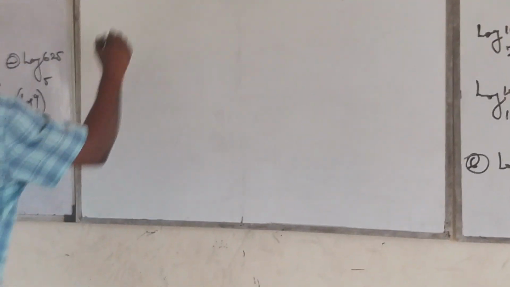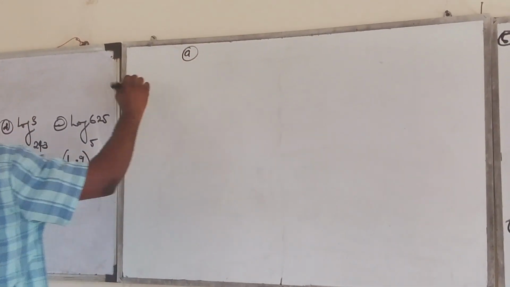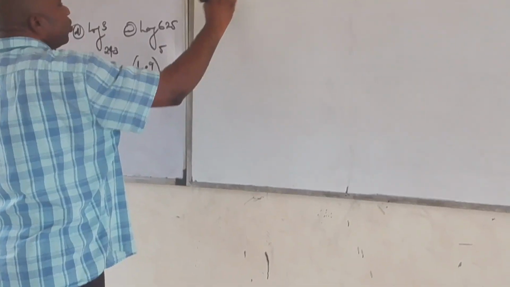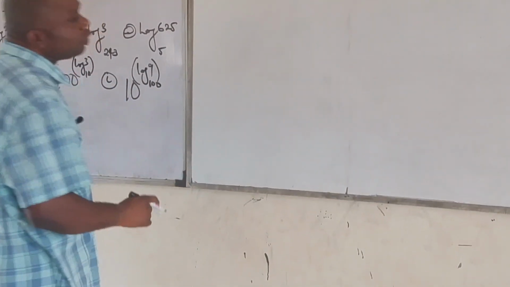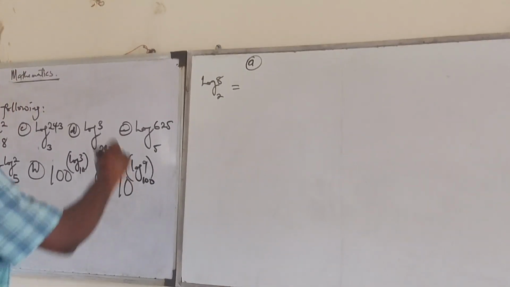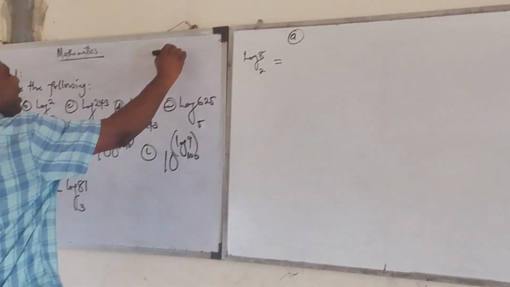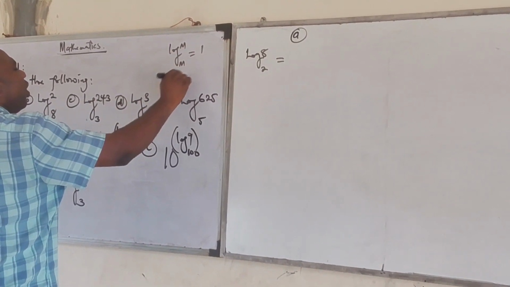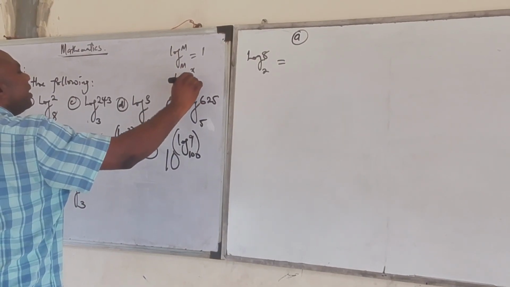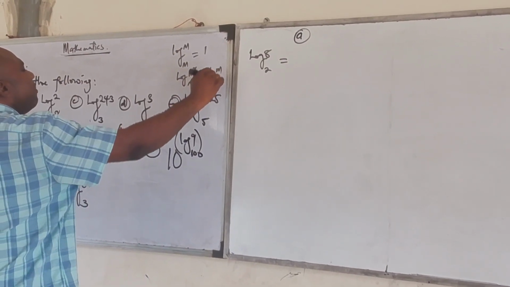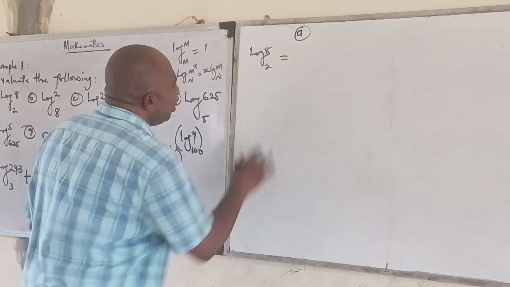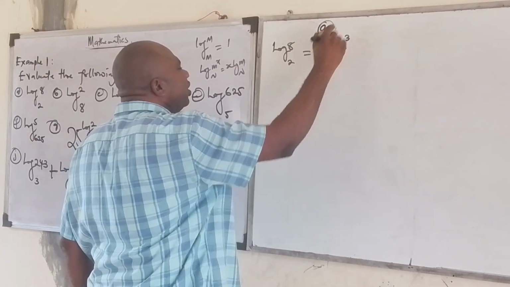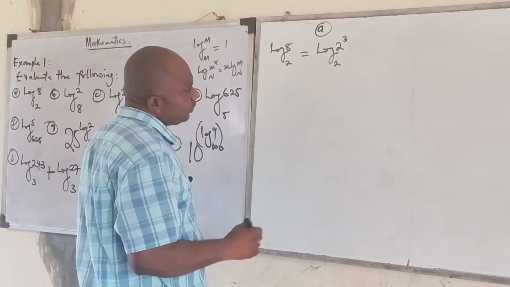Now let's look at number 1, the A. We have log 8 base 2. Remember from the laws of logarithm, we said when you have log m base n, the answer is 1, and when you have log m power x base n, it will be x log m base n. So in this case, this is the same as saying log 2 raised to the power of 3, base 2.